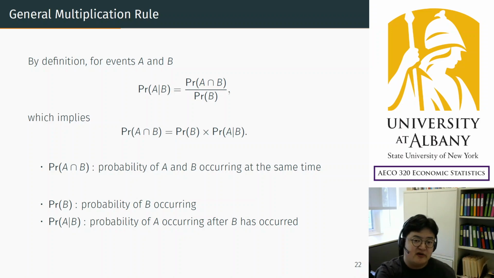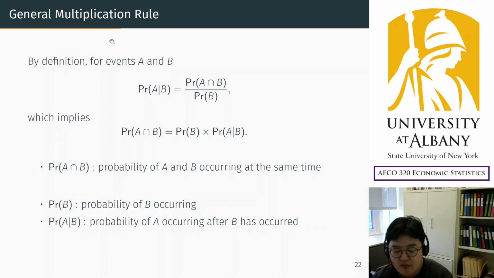The probability of the union can be expressed as the addition of simple probabilities. Now, we call this the multiplication rule because the intersection can be expressed as a multiplication. The probability of the intersection between A and B is the multiplication of two probabilities. So it's called the general multiplication rule.